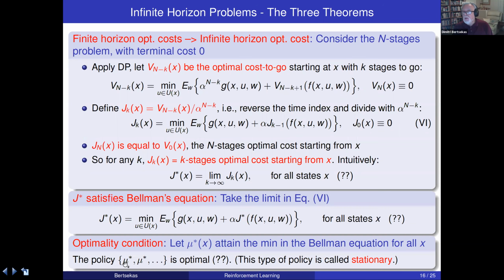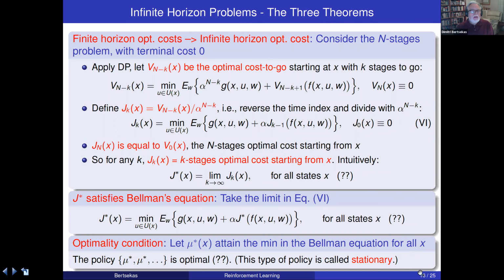You apply the same control function at stage 0 as in stage 1 or at any stage. The control depends only on the state where you're at, not on the stage where you're at. And again, I have a couple of question marks here because there are exceptions to this theorem. However, we will take it for granted in our analysis, and for the problems we'll look at, it does hold.